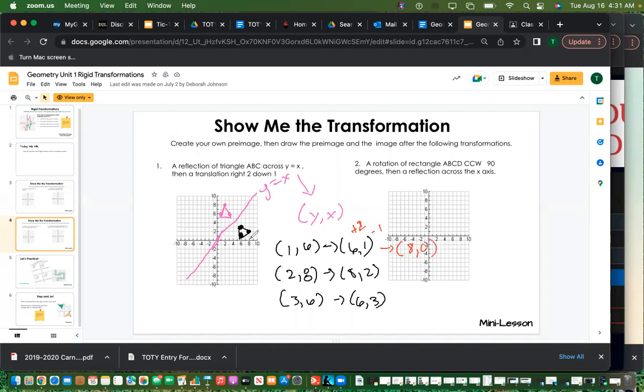So this is going to be 8, 0. This one I'm going to add 2 and subtract 1. This one I'm going to add 2, subtract 1. Ta-da! Okay, and the red one would be my final image.